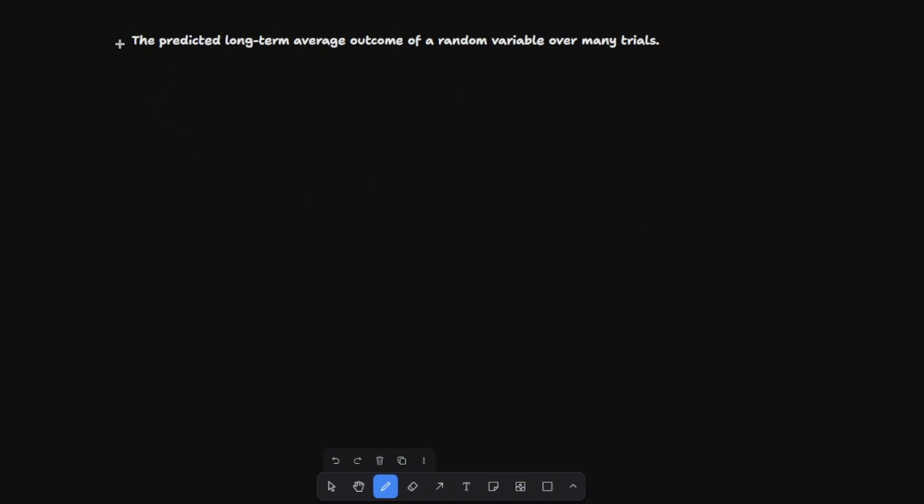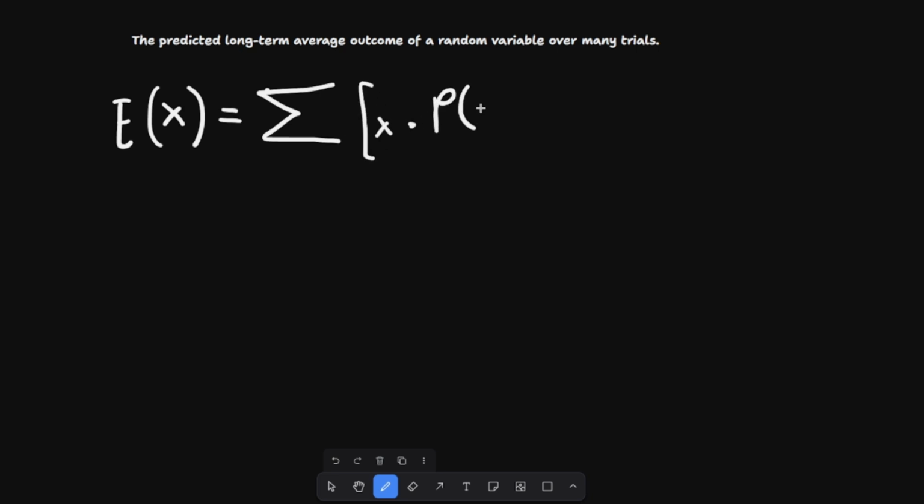And the formula for this, which we don't really need to worry about that much because I'll explain it in way more simple terms, is E of x equals the sum of x times P of x.